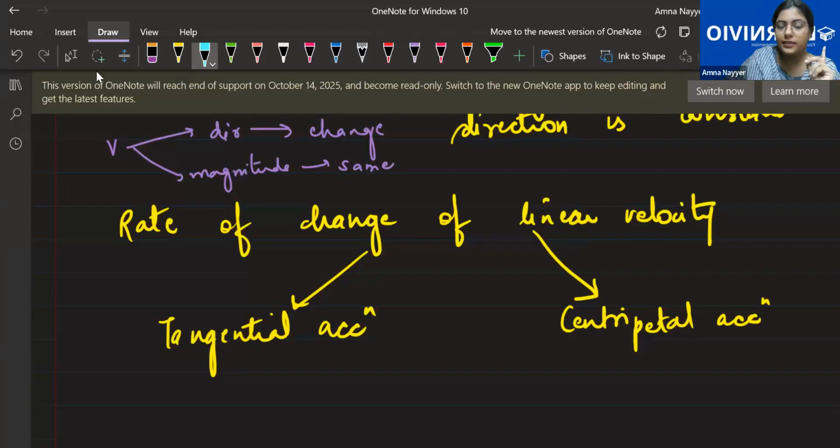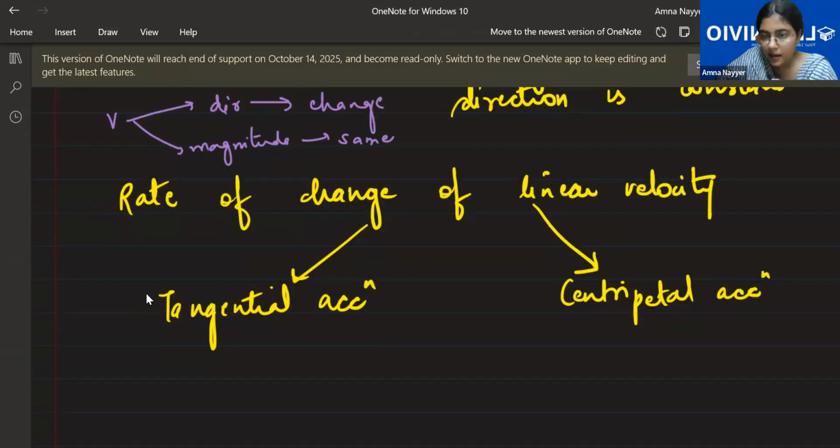Two things can occur. When do we have acceleration? When velocity changes. Now, what change can be there in a velocity? The direction is separate, it is tangential. So the directional part is separate, the magnitude part is separate.